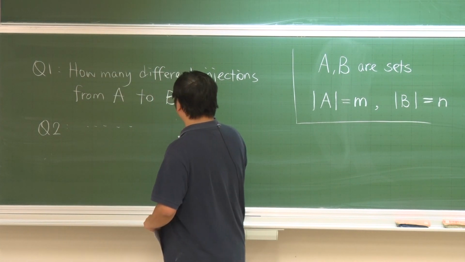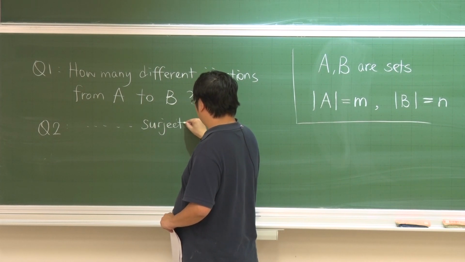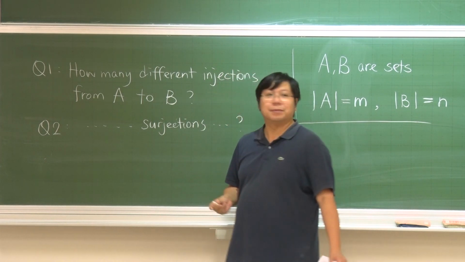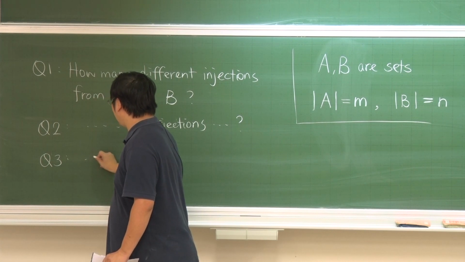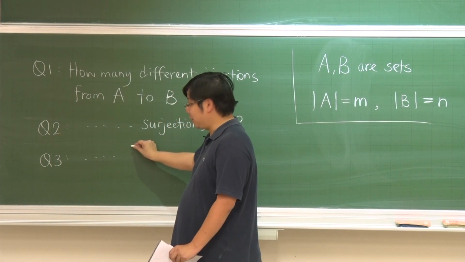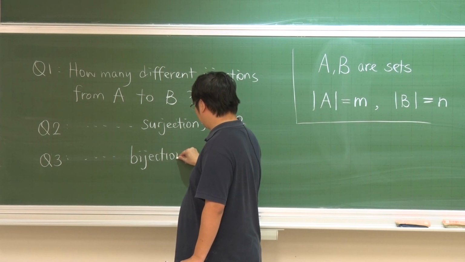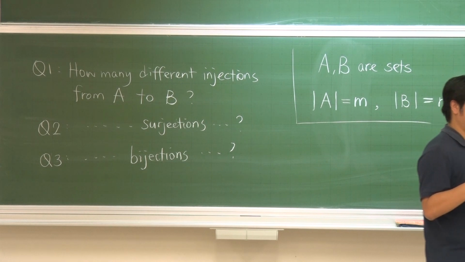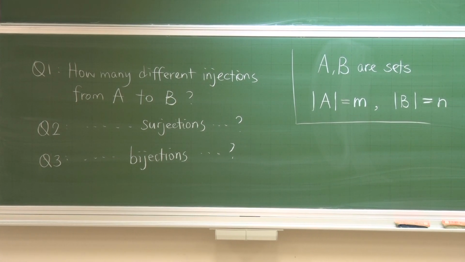How many different surjections from A to B? And question three is how many different bijections from A to B? Okay? Okay, so how many different injections? How many different?